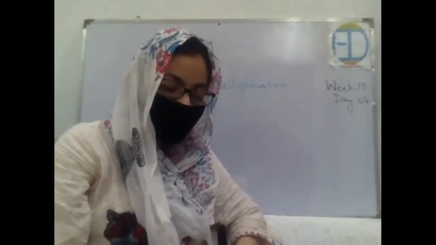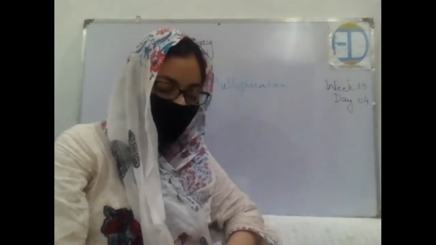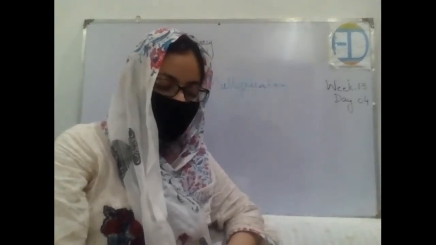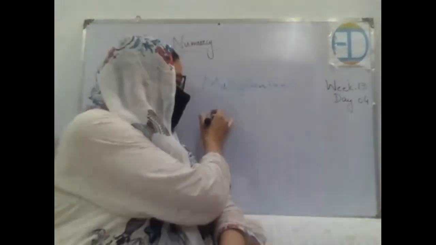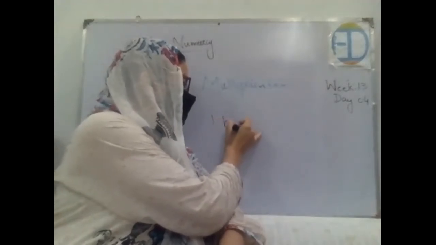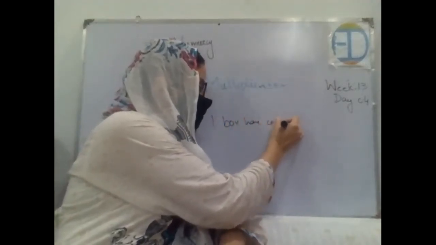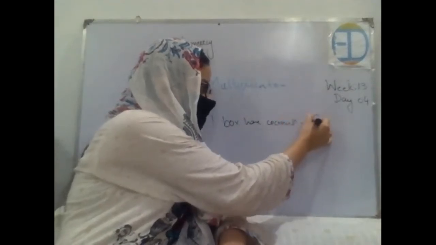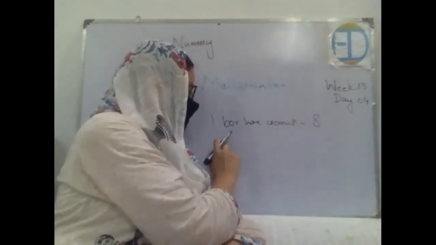Coconuts are packed 8 to a box. A crate holds 5 boxes. How many coconuts does a crate contain? So one box has how many coconuts? 8. And how many boxes are there in a crate?